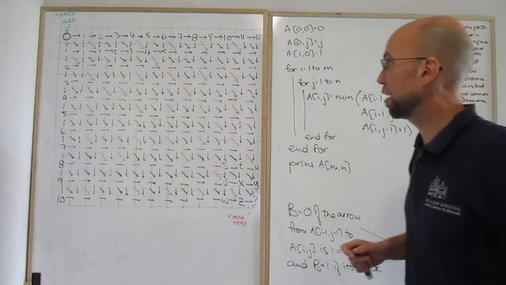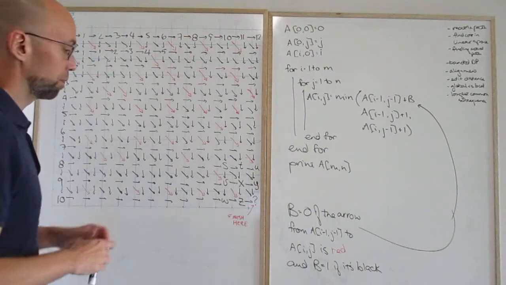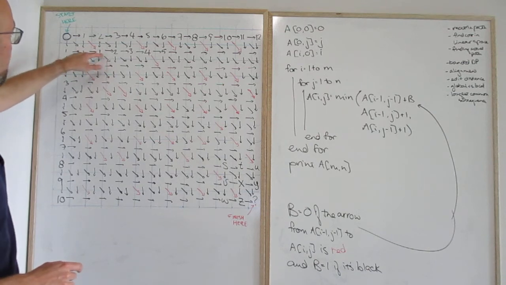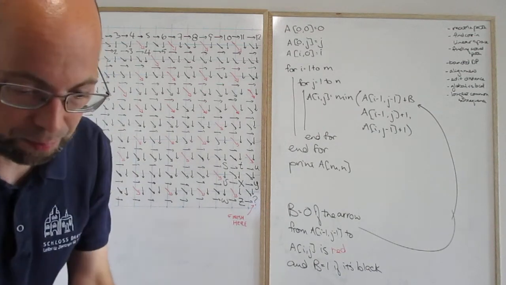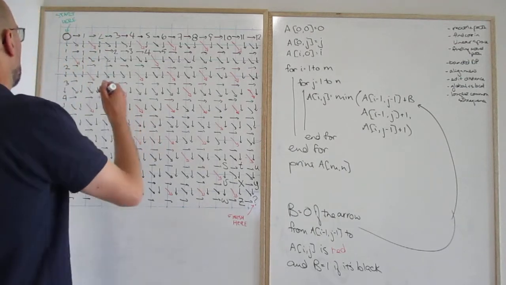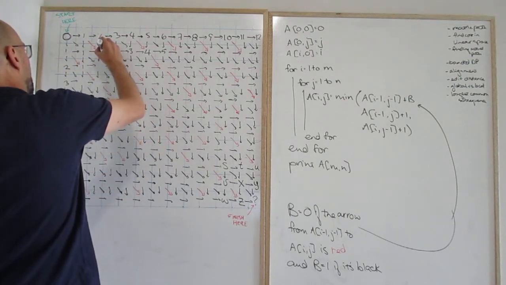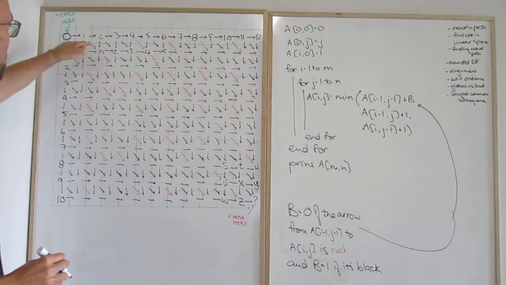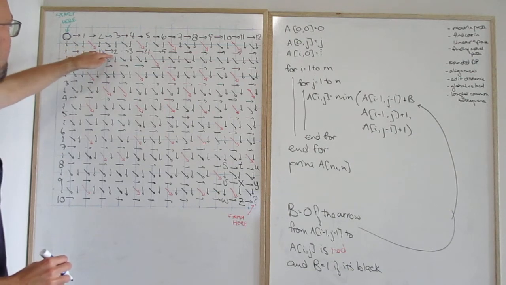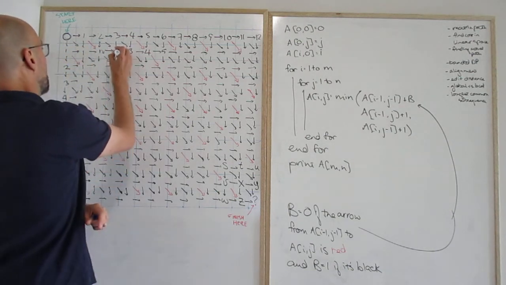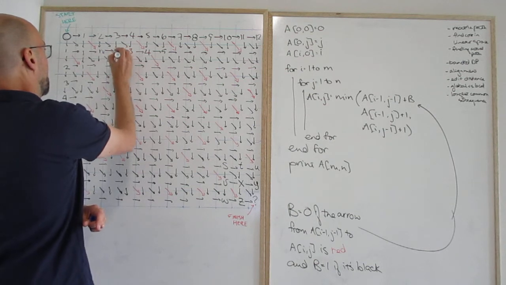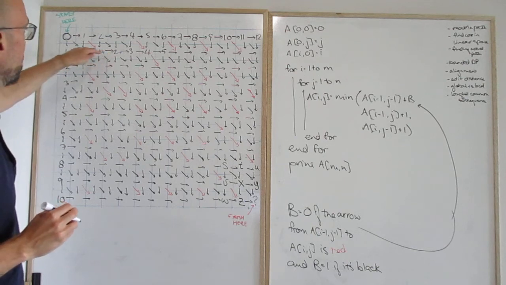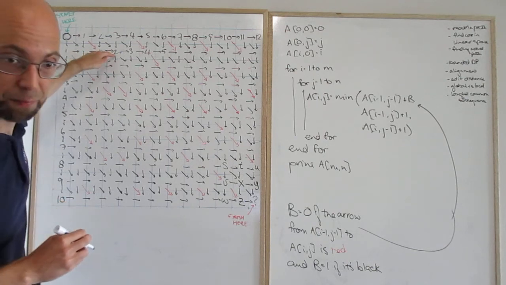For example, when I compute this 1, I could remember that I got here by coming down this diagonal. So I store 1, but I also store that I got here by this diagonal, and then for this 2, I would remember that I got a 2 here by coming left from a 1.